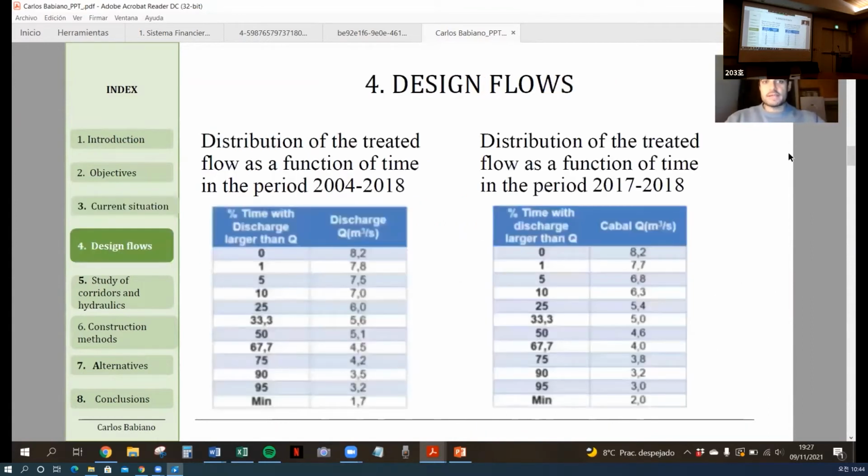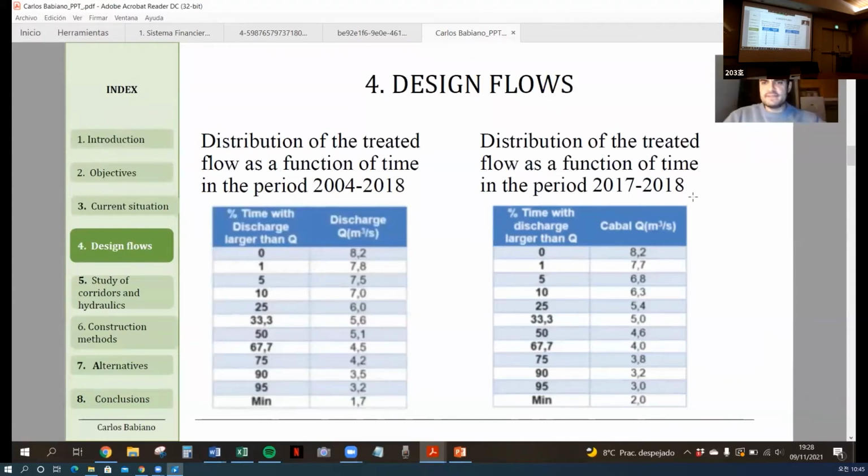So the design flows, as you can see in these tables, you can see how the design flows have been distributed from 0 to 95 minutes. Distribution of treated flow expansion time period from 2004 to 2018, and then you have the last ones, because this study was made till 2018.